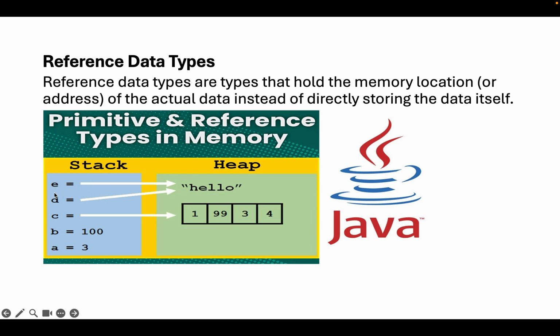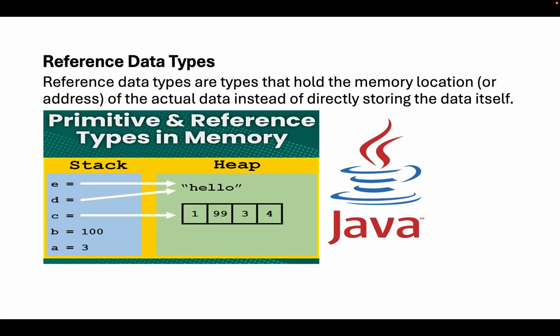If you want to change E, the hello that E points to, we cannot do that. What we need to do is change E and assign it to a different string instead of hello. But if we come to C, the array, we can change the data inside this array.